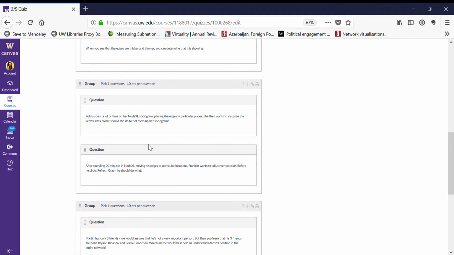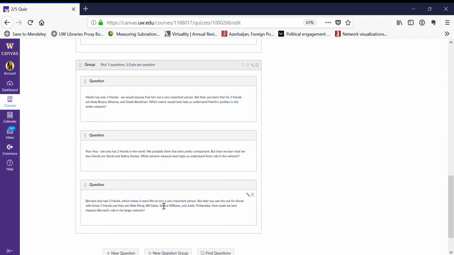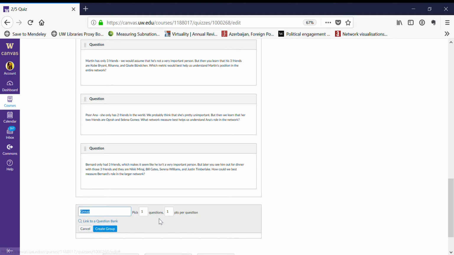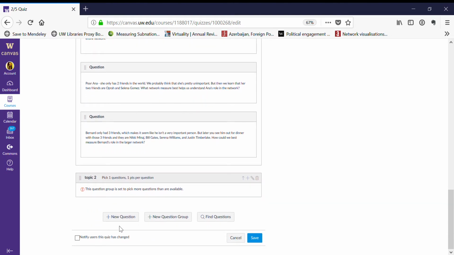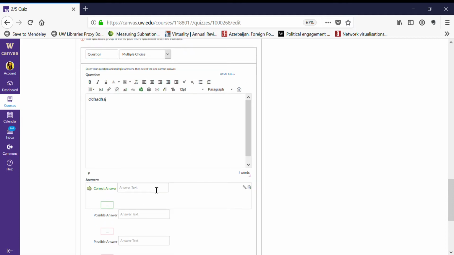Yeah, so here's basically the same question, and the phrasing changes quite a bit, but it's asking the exact same question. Same thing here, and actually on this one it looks like I had 3 variations that ask the exact same thing. So how this works is you have to set this up as a question group. So sometimes if I'm not being lazy, I'll name the topic, topic 2 or something, create a group, and in that group I create questions.